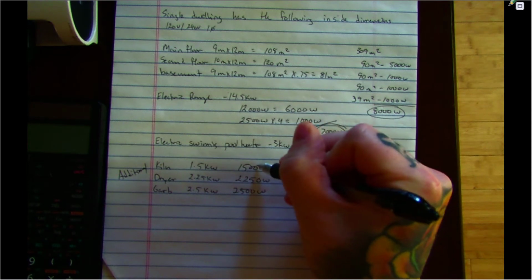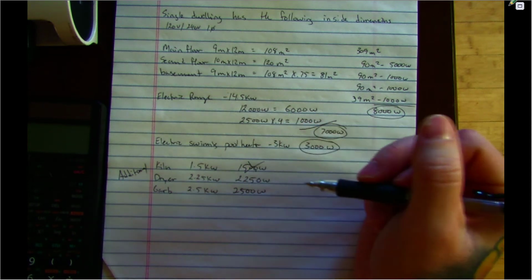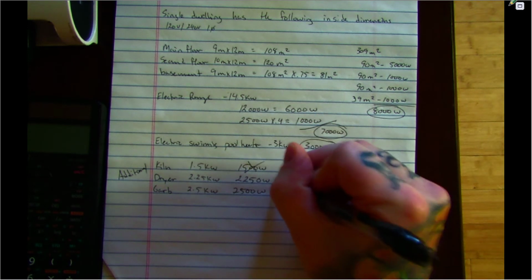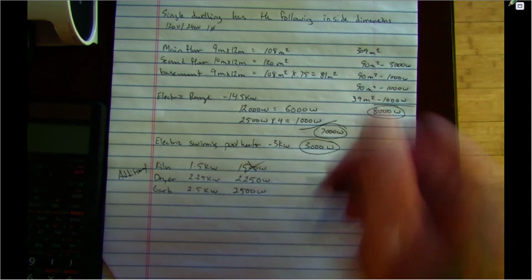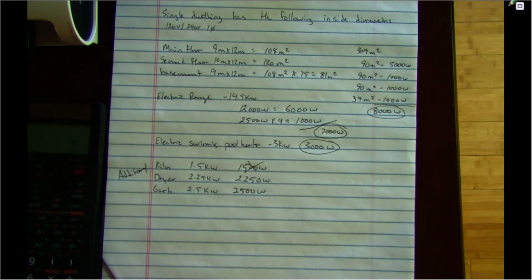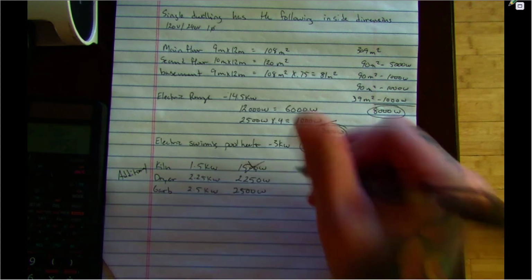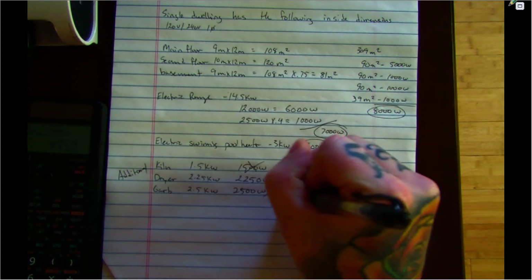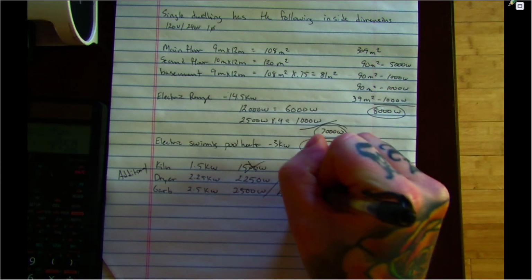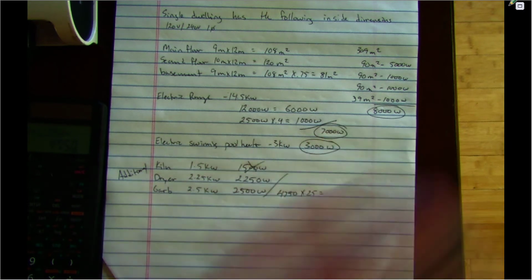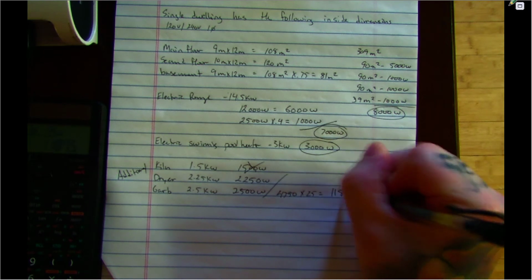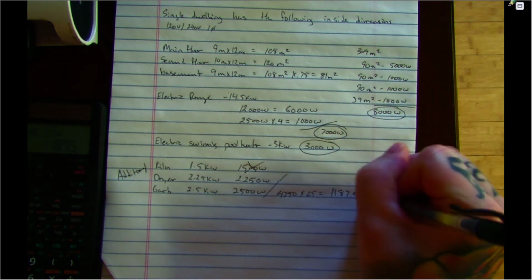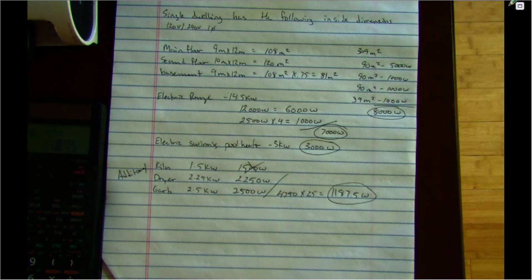Now, this one is not in excess of 1,500, so we don't even worry about it. But we'll take this one at 40% and this one at 40%. What I like to do is just take 2,500 plus 2,250, total these up and get 4,750, and I'm going to times that by 25%, and I get 1,187.5 watts. That's our additional load.